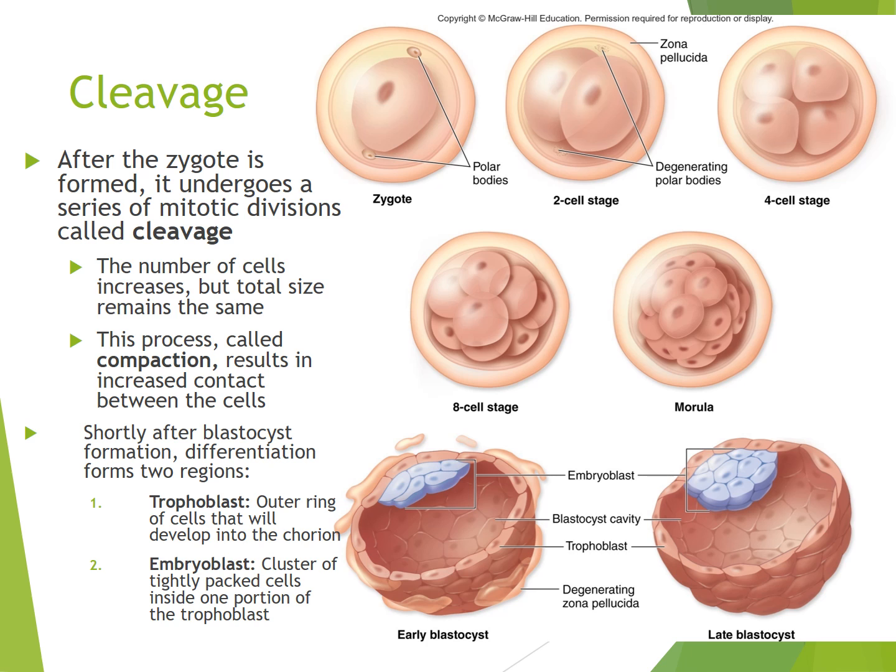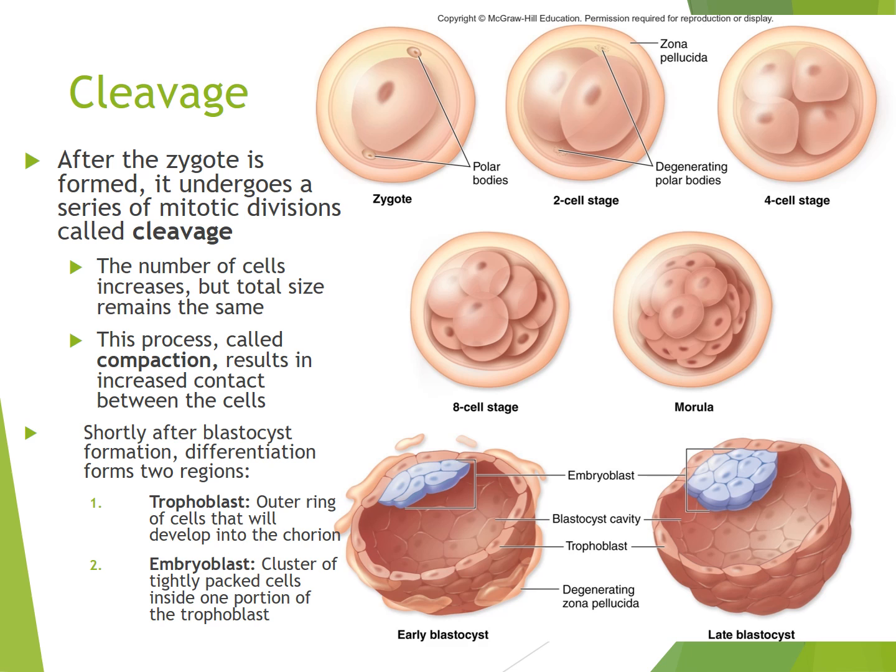There are different terms used for the number of cells that are observed. Once we have a 16-cell stage, this is called the morula. Once we pass the morula stage, there is a compaction of all these cells, and we enter the blastocyst stage. Within the blastocyst, we have 2 different components.